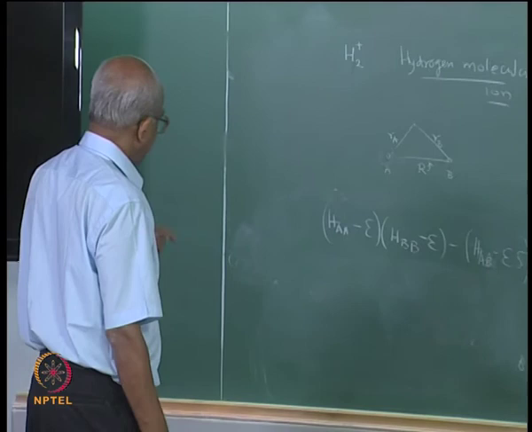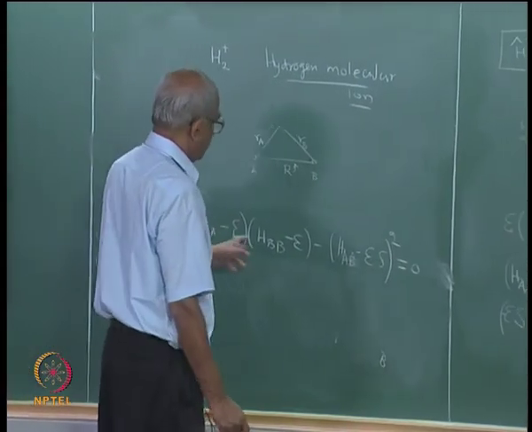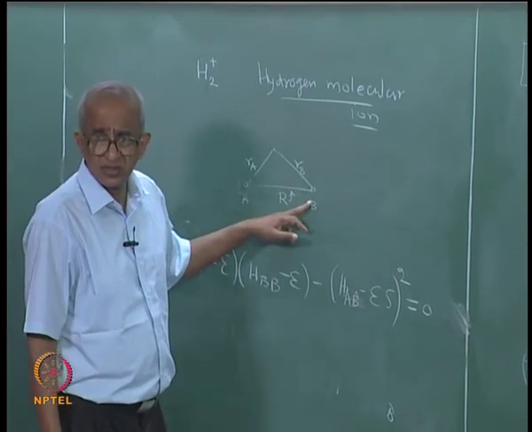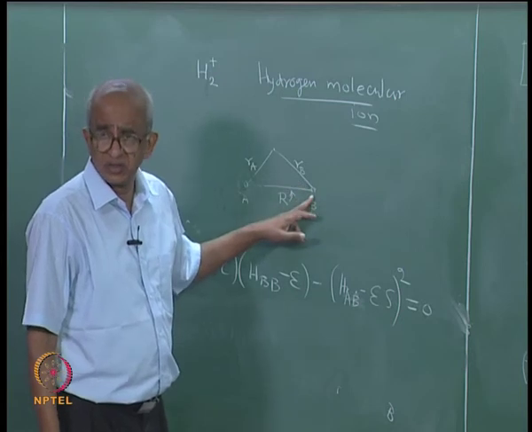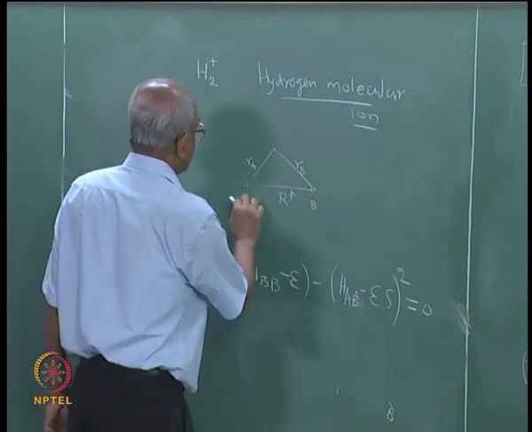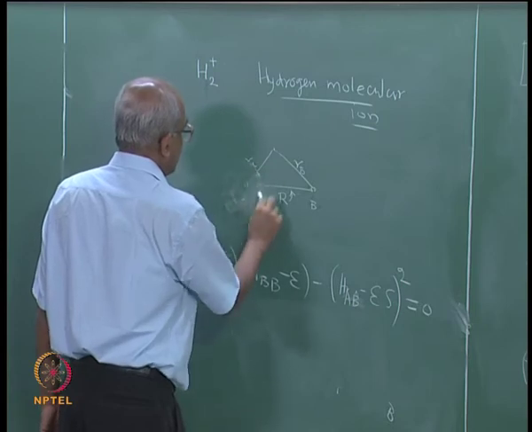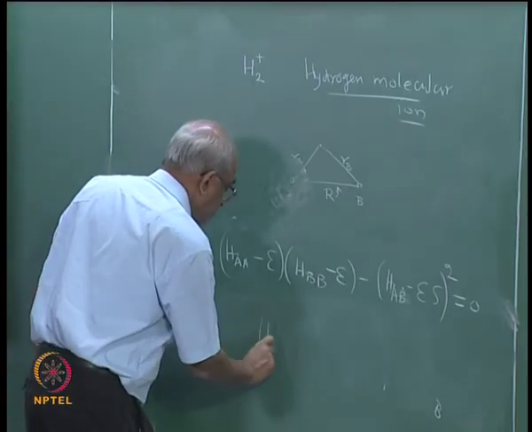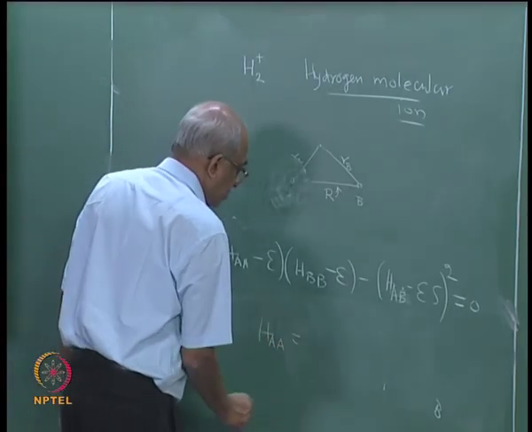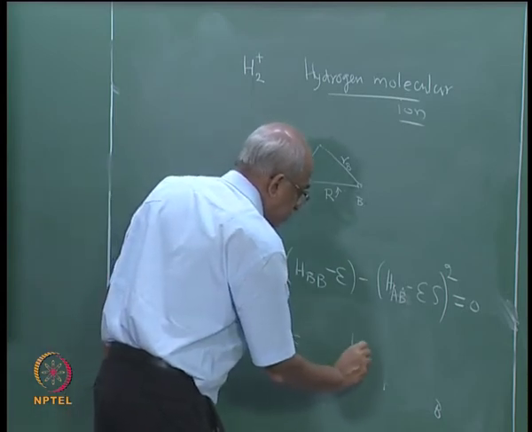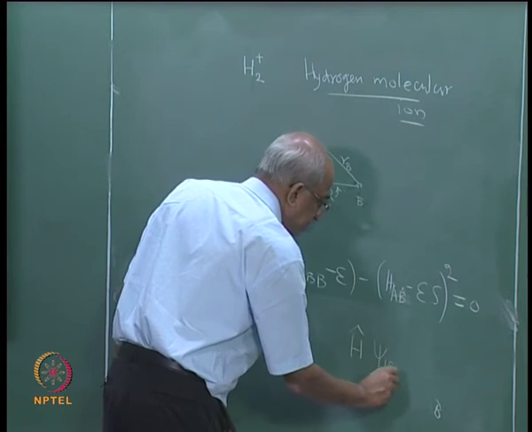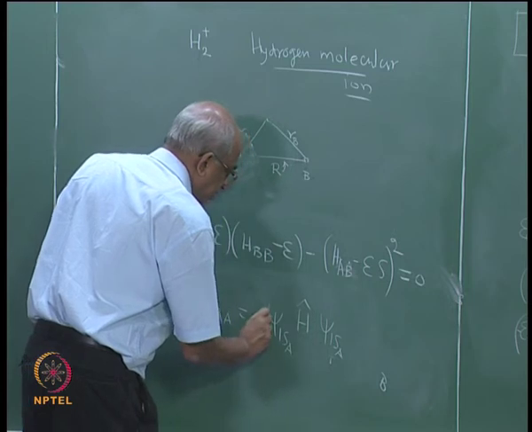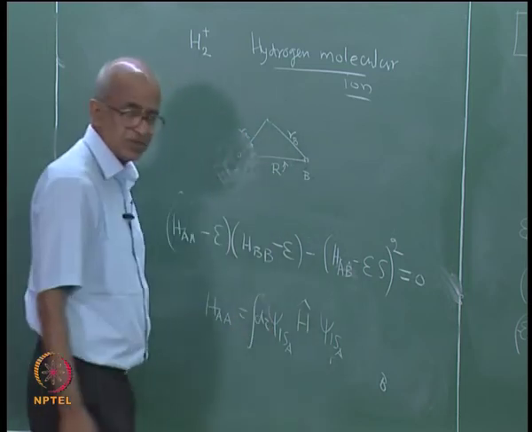Now, here I can make a simplification. In the problem that we are considering, A and B both are protons. So, if you think of psi 1sa, it is spread around that nucleus. And what is HAA? It would be equal to the integral of psi 1sa multiplied by H operating on psi 1sa, with the volume element d tau, integrated over the entire space.